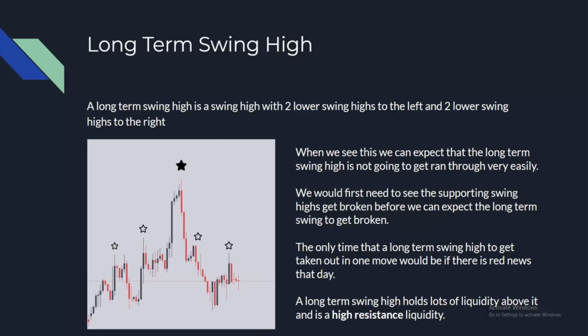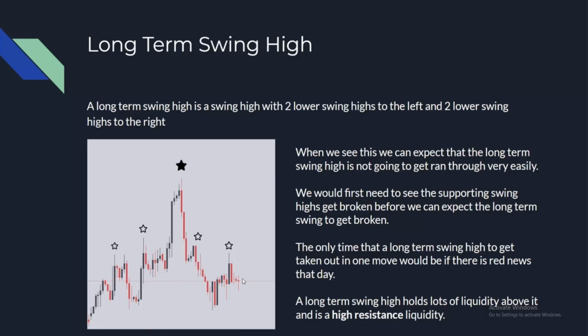And when we see this, we can expect that the long-term swing high is not going to get run through very easily, because it has a sort of protection, you can say. First you need to see the supporting swing highs get broken before you can expect the long-term swing high to get broken. Meaning if price is currently trading here at this level, we would first need to see price go all the way up to take out this swing high, and then go higher to take out this high, before going all the way up to get that high.